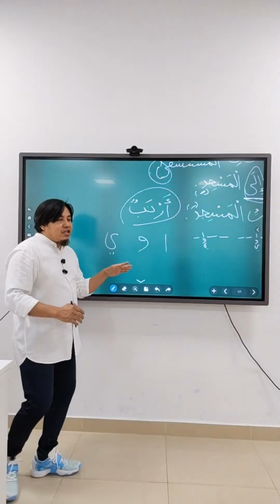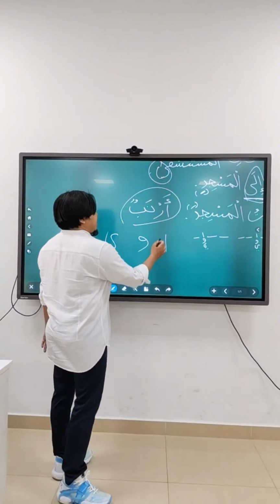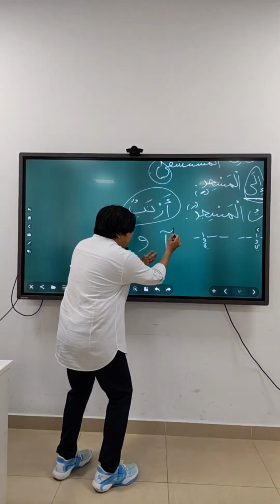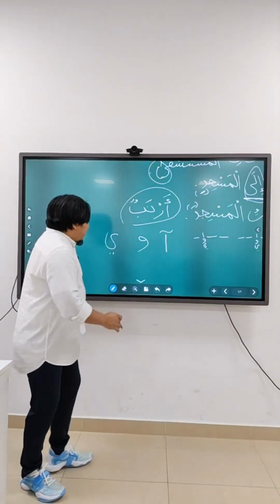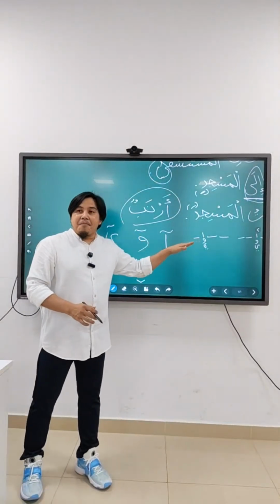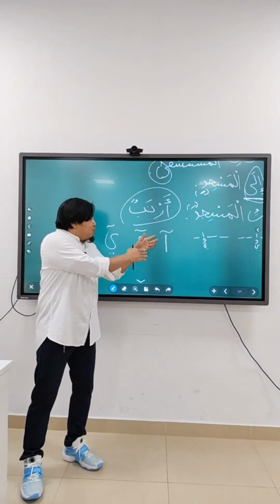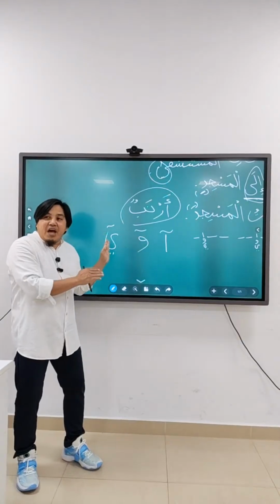But in the case of mad far'i, you will find on the prolongation alif a line on the top, something that you can see, accompanied with any of the prolongation letters, alif, waw, or ya.